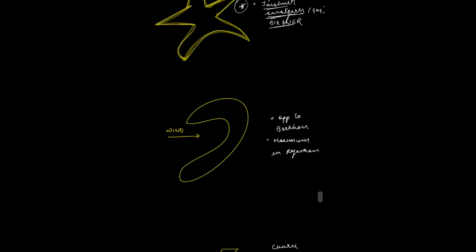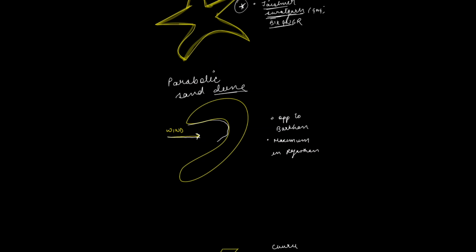Then we have the parabolic sand dune. In parabolic sand dune the wind flows and deposition of sand dune takes place in a kind of shape that is opposite to Barkhan, and one arm is stretched.